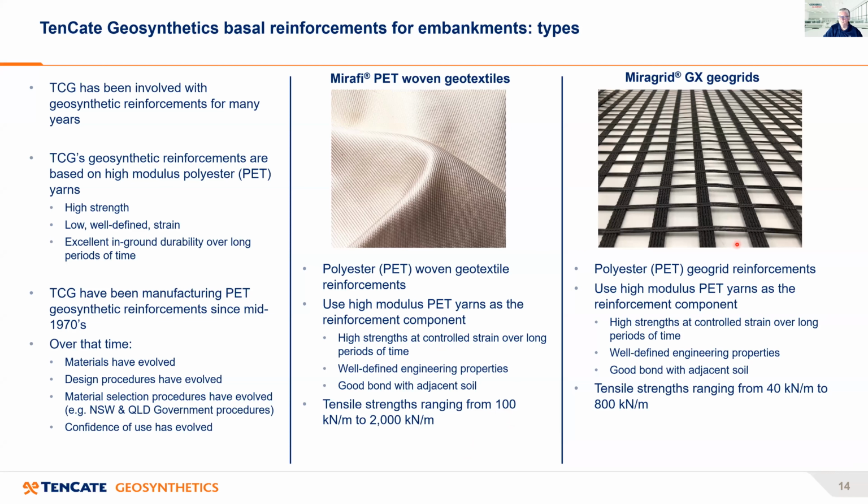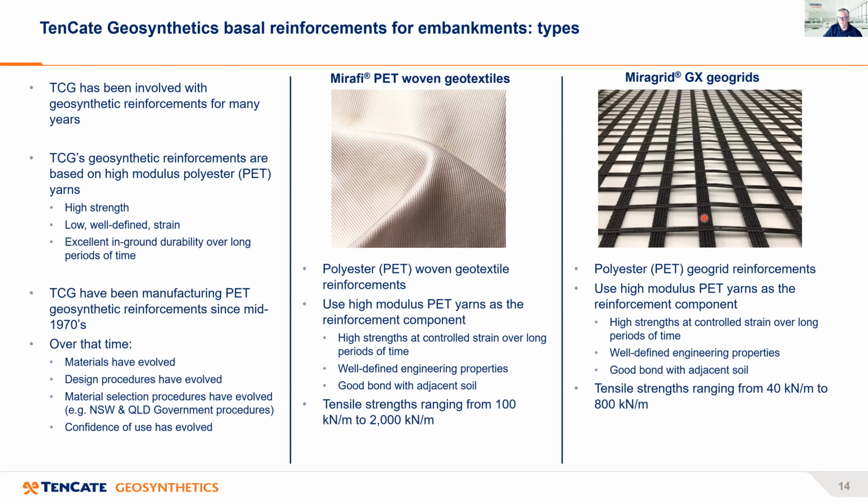And again, these are made from high modulus polyester yarns as a reinforcing component. But you'll see these are black in color. The reason they're black in color is that they have a coating of PVC on the outside of the polyester yarn, and that makes them look black.